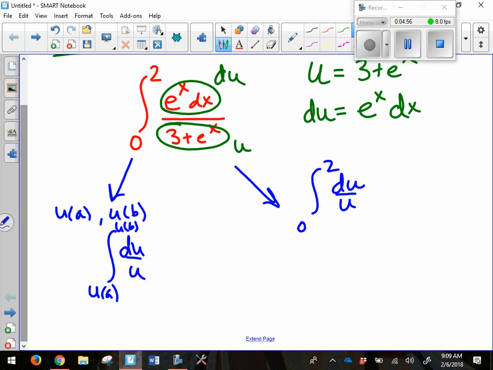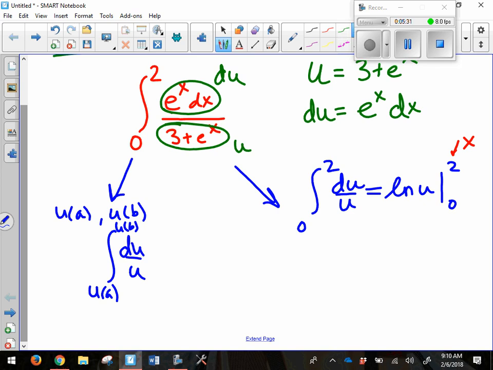And what's the antiderivative of du over u? Or what's the integral of du over u? Natural log. But remember that these limits are x values.